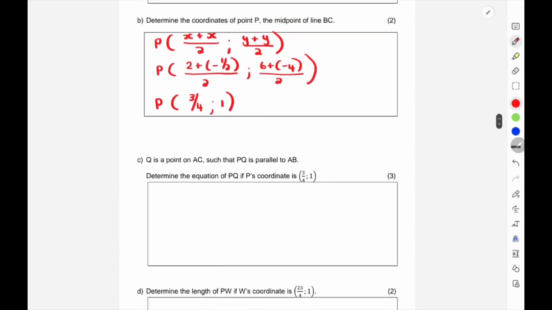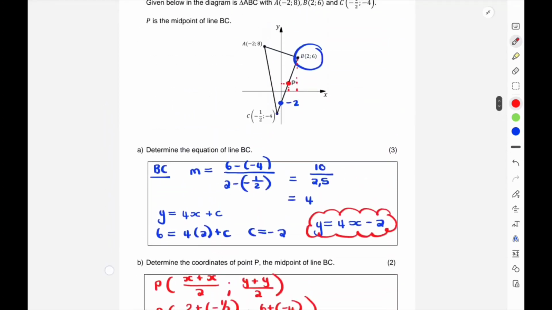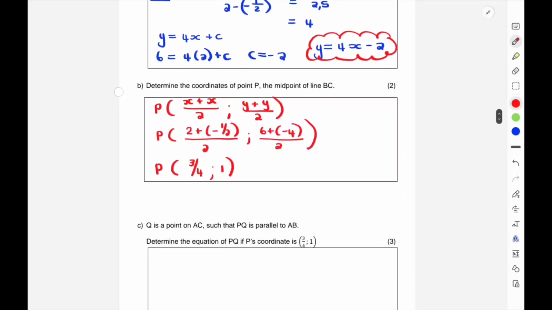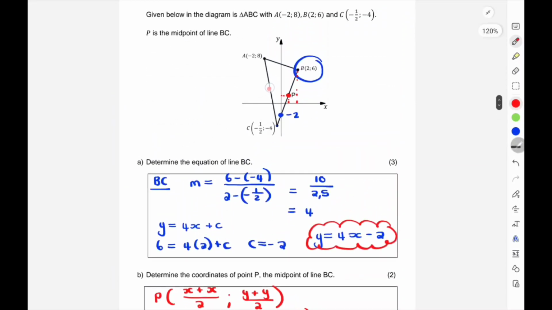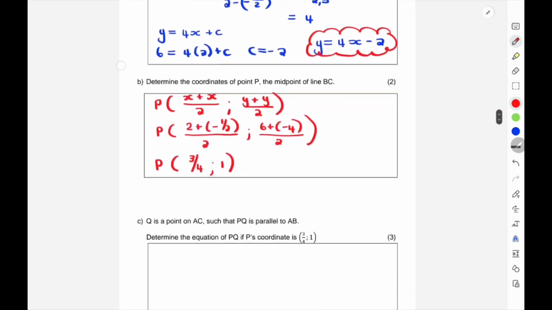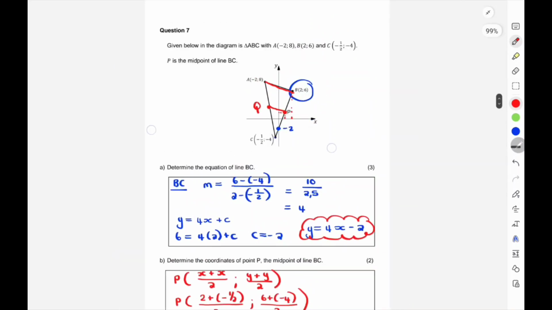Q is a point on AC such that PQ is parallel to AB. So it will look sort of something like that.